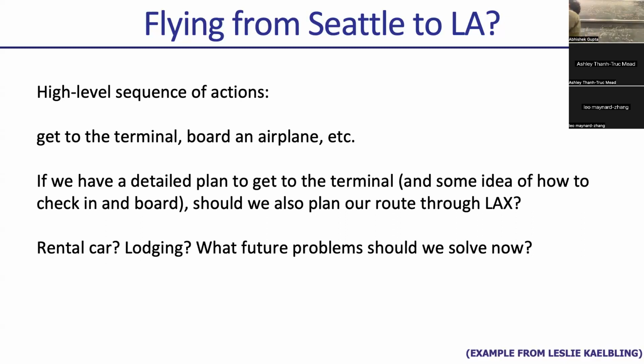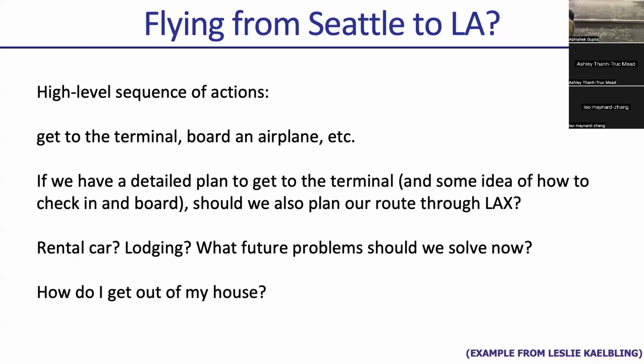And then you can take that one level lower. Sorry, one more second. So you start at the highest level. We talked about getting to the terminal, boarding an airplane, etc. Highest level plan. The next set of things, let's say you take any of them, like getting to the terminal, and concretize it into smaller steps, and then finally concretize that to the motion of getting out of your house, right?